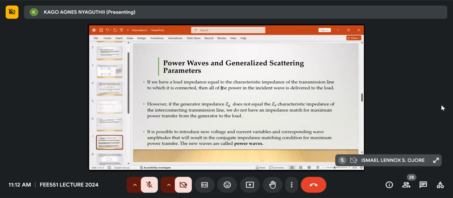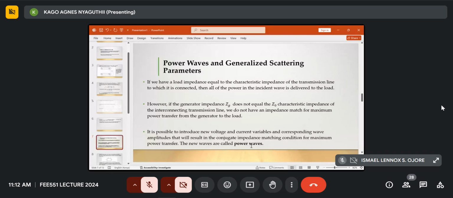So in this case, if we have a load impedance equal to the characteristic impedance of a transmission line, all of the power of the incident wave is delivered to the load. Yeah, this one we have come across. But when the generator impedance does not equal the characteristic impedance of the transmission line, there's no impedance match for maximum power transfer.